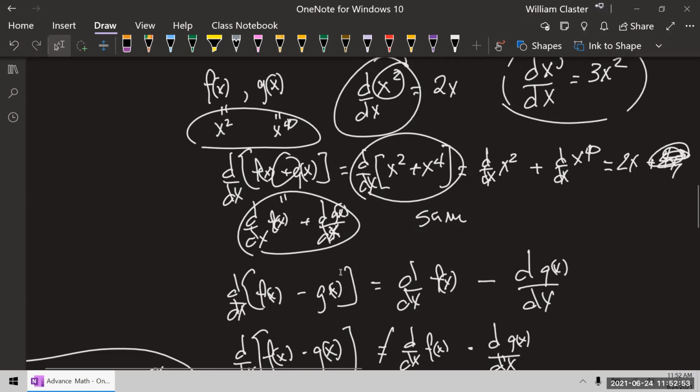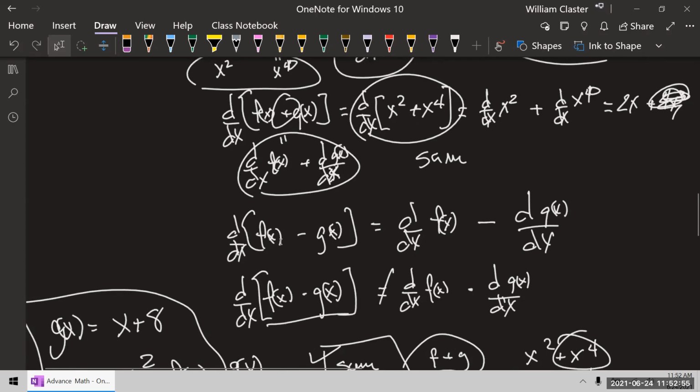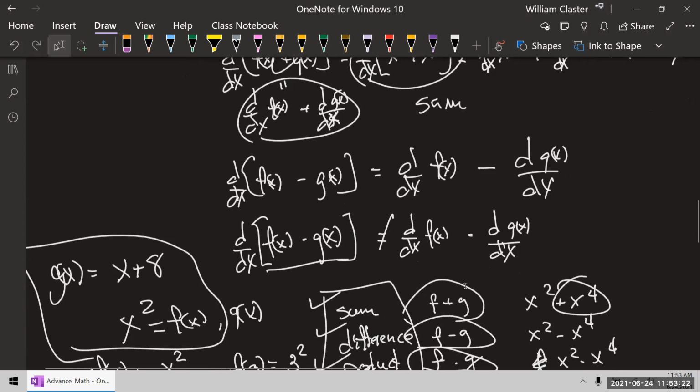We had another easy rule for the derivative of the difference of two functions. And then for this one, we said it's not as easy, not so simple. It would be nice if it was just this, but it's not. I didn't give you the actual answer in this case. I don't want to bother with it. You don't need it, and there's no reason to look at it.